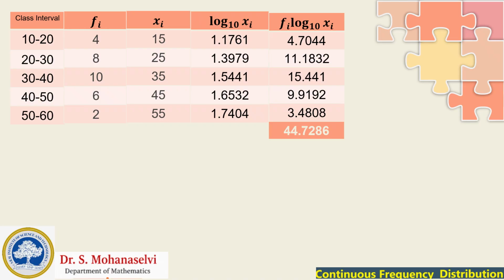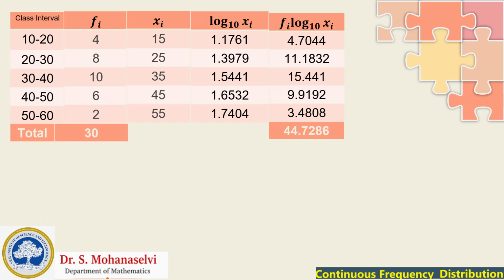Then we multiply each of the logarithmic xi with the corresponding frequencies. 4 into 1.1761 will be equal to 4.7044, and we will find the sum of the product of fi with the corresponding logarithmic terms of the observations.